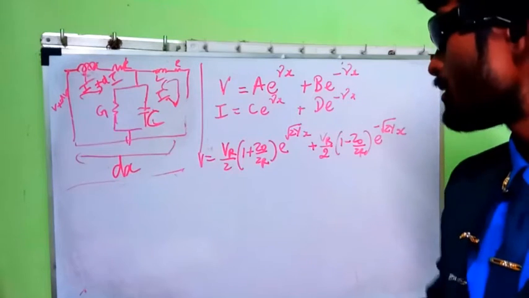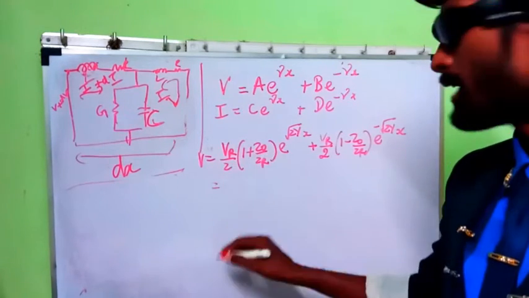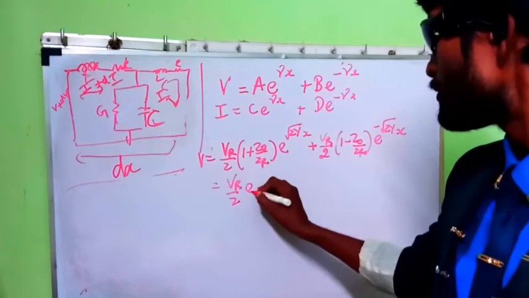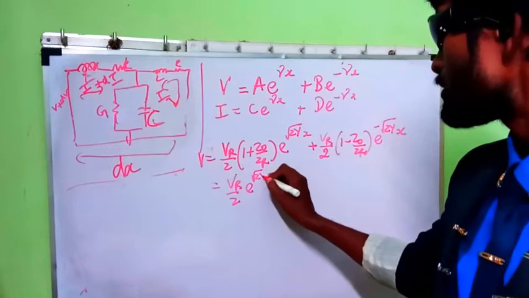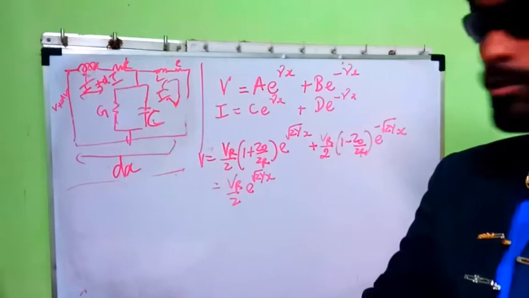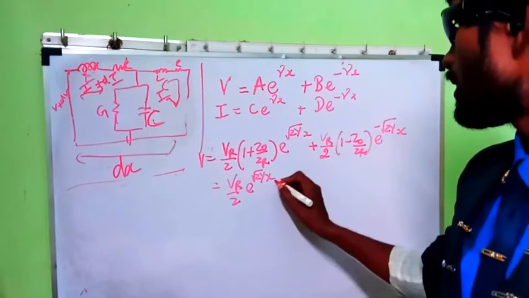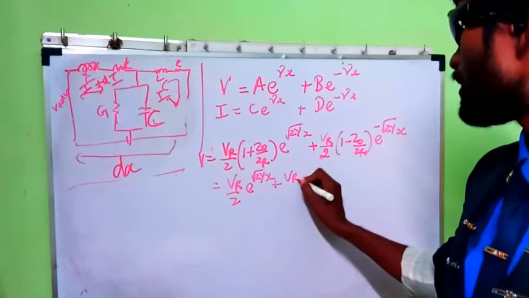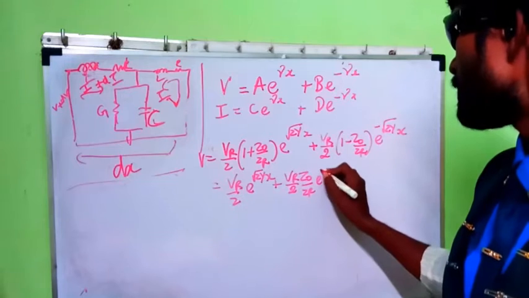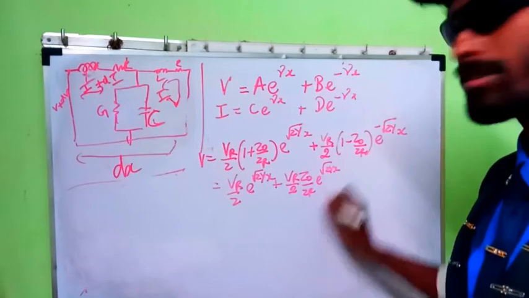Now what are you going to do? You want to multiply everything inside. That means V R by 2 into e power root of zy x, and afterwards plus V R by 2 into Z naught by Z R into e power root of zy into x.